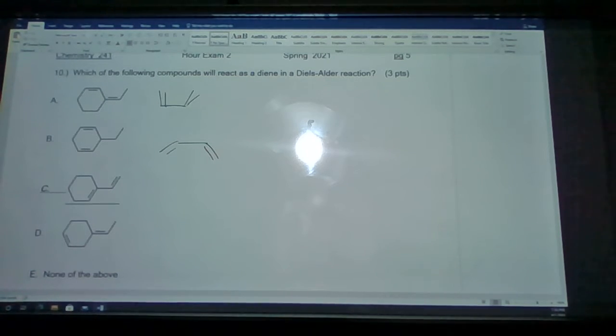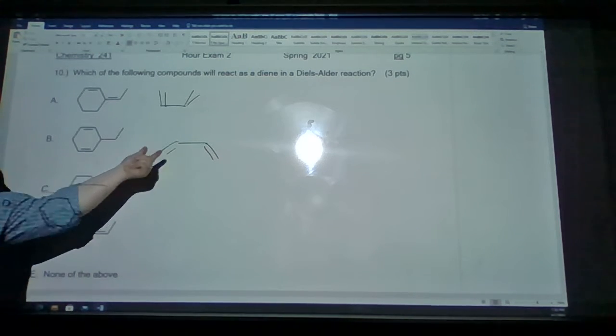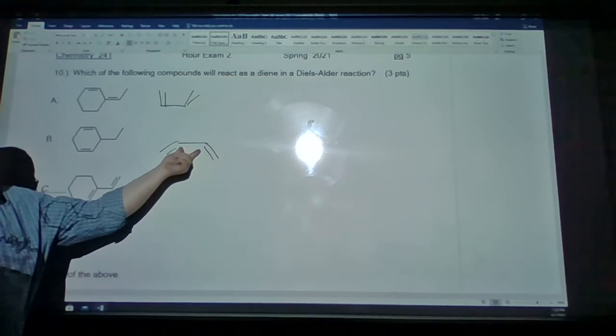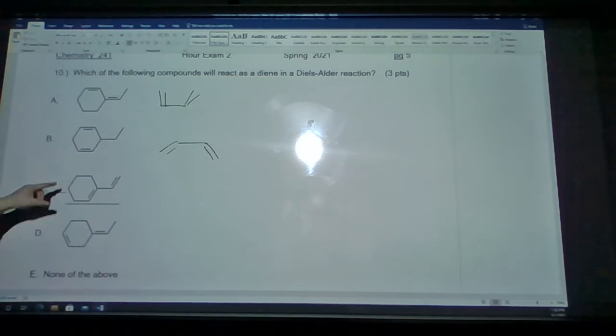Is this diene in the s-cis conformation? Well, the s-cis conformation requires that the carbons on these two double bonds be right next to one another. Are either of the ends of the double bonds right on adjacent carbons? No. D, again, we'd have to have this double bond here in this position. Since it's part of the ring, we can't delocalize around the ring.